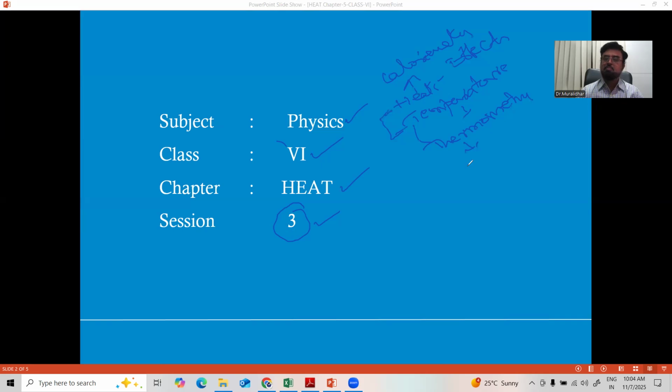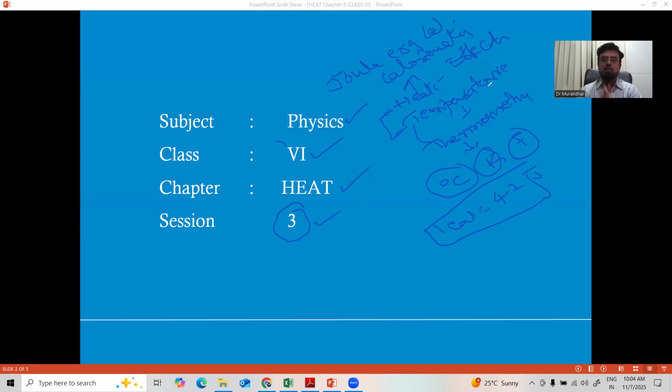Temperature is measured in degree Celsius, Kelvin or Fahrenheit, whereas heat is measured in joule, erg or calorie, where 1 calorie is equal to 4.2 joule. The relation between Celsius, Kelvin and Fahrenheit we will learn in today's session.